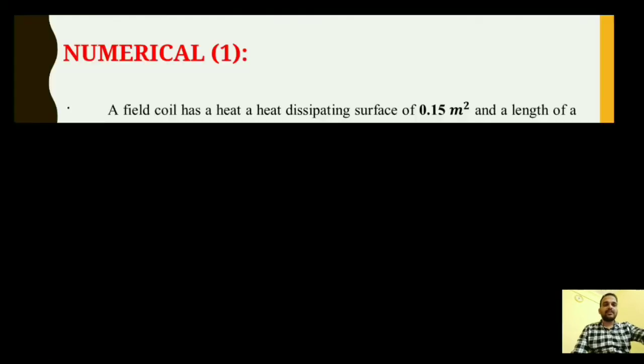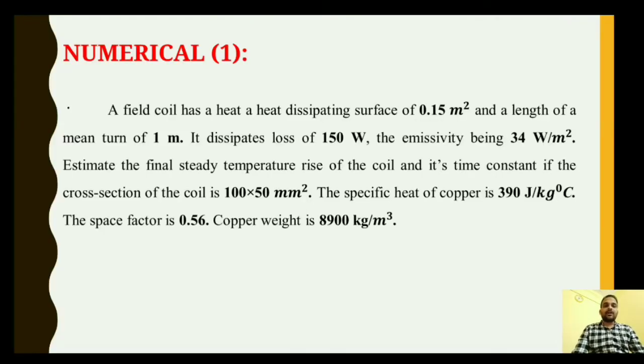The very first numerical of today is: a field coil has a heat dissipating surface of 0.15 meter square and a length of mean turn of 1 meter. It dissipates a loss of 150 watt, the emissivity being 34 watt per meter square.